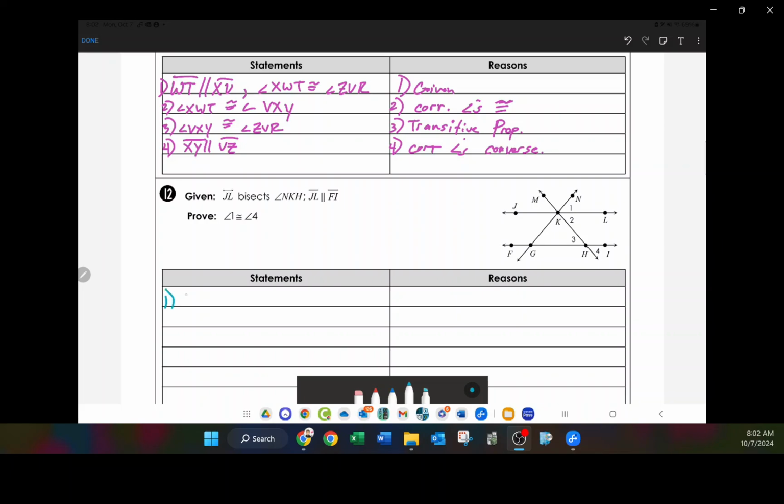Number 12, we are given that JL bisects angle NKH. And we're also given that JL is parallel to FI.